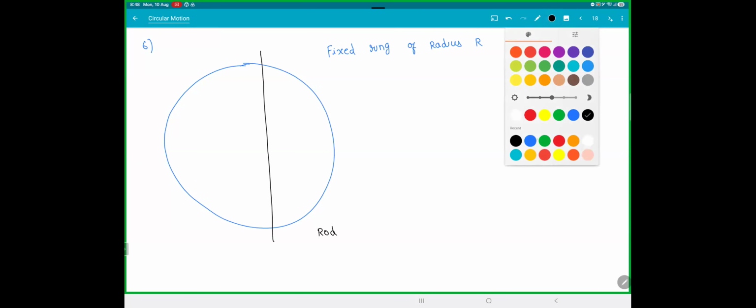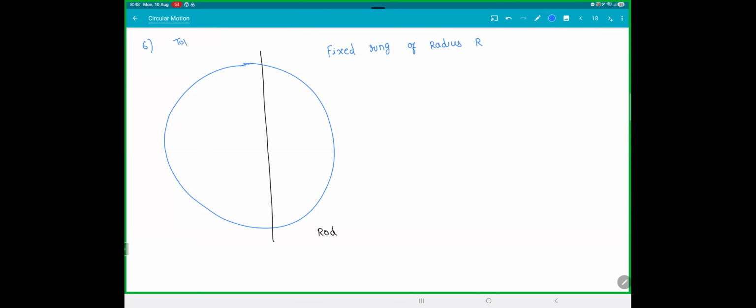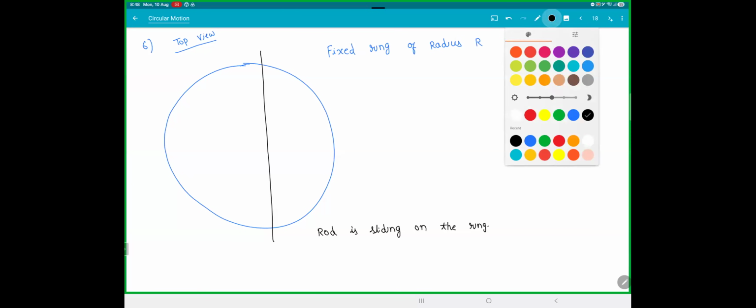This is the top view. You're looking at this whole setup from the top. The rod is sliding on this ring. Meaning if I have to show you, this is how it will look, everyone.